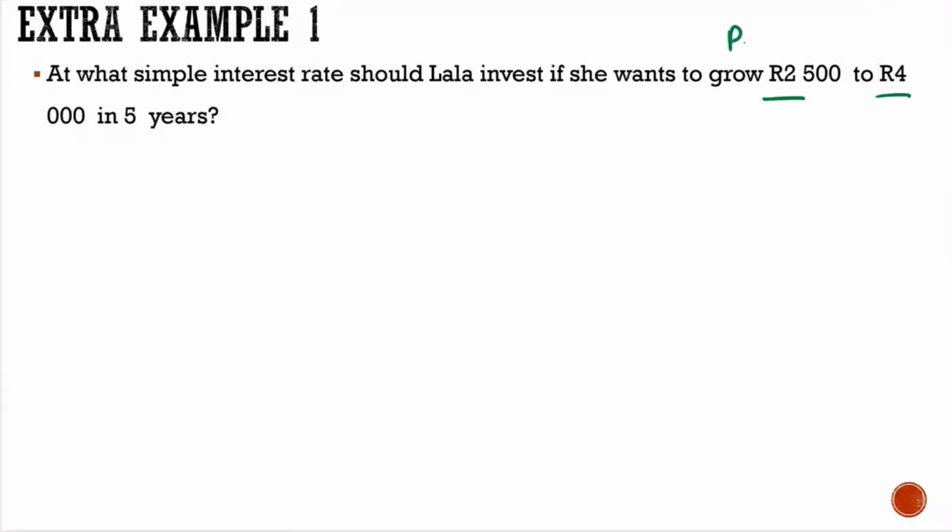Your present value is equal to 2,500. This becomes your S, which is equal to 4,000. Your T there is equal to 5. What is it that you are asked to find? You are asked to find the interest rate.